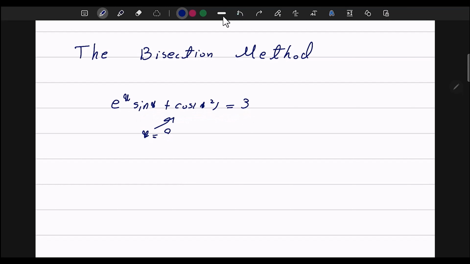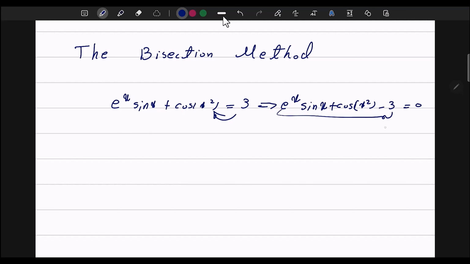Now, you could take 3 to the other side, then you will have e to the power of x sine of x plus cosine of x squared minus 3 is equal to 0. Now, this is a function of x, let's call it f of x. Then the problem would basically become a problem of finding roots for f.